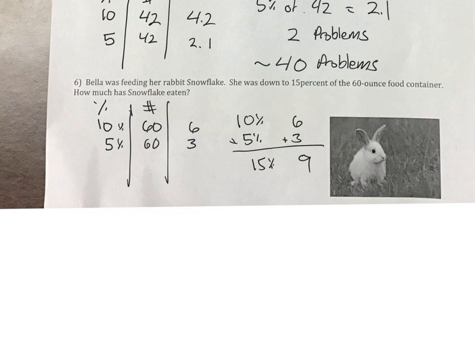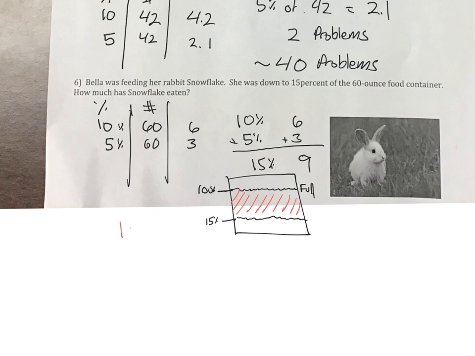You would get it wrong because here's our food. Let's draw a picture. So this is 100%. That's full. When it's there, it's full. Okay, and she's down to 15%. Right? So she's eaten all the way down this. So we want to know what this is.